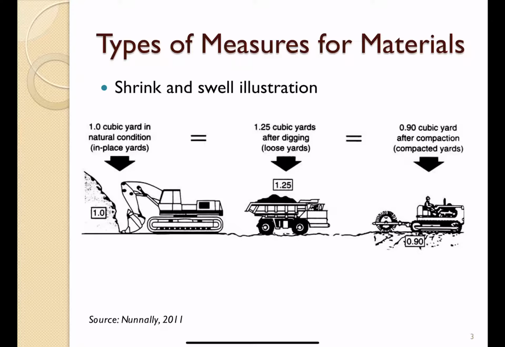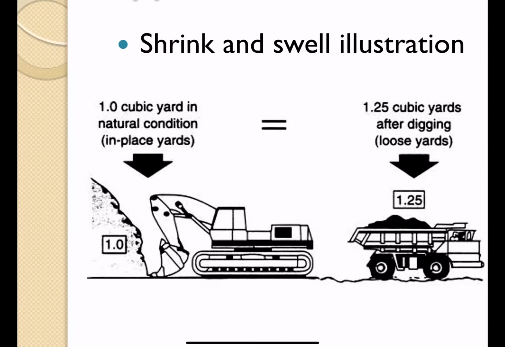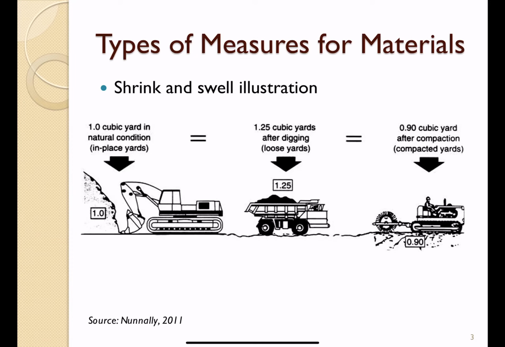So 1.25 means the volume increased 25%. The weight may be the same, but the volume increases. And then we transport that to the site and compact it, and it becomes only 0.9 cubic yard. So it's shrinkage from 1 cubic yard to 0.9 cubic yards.